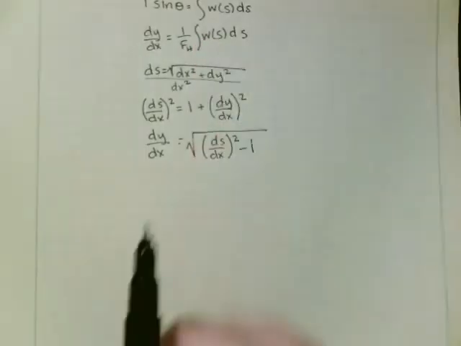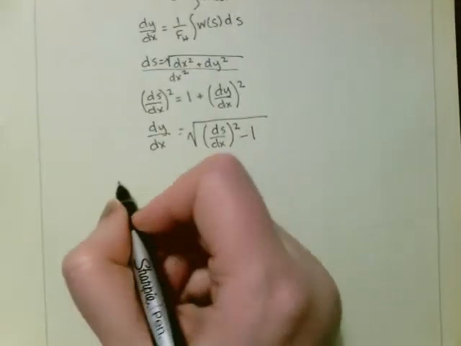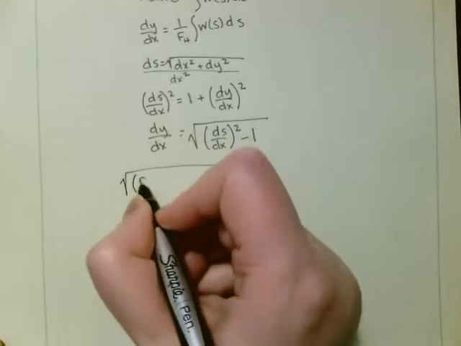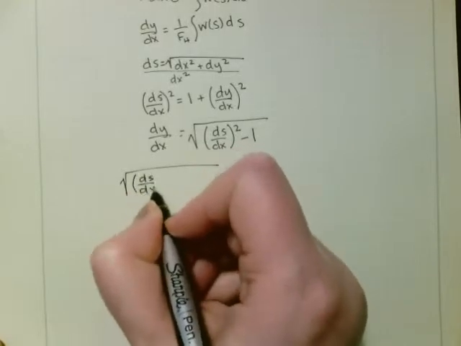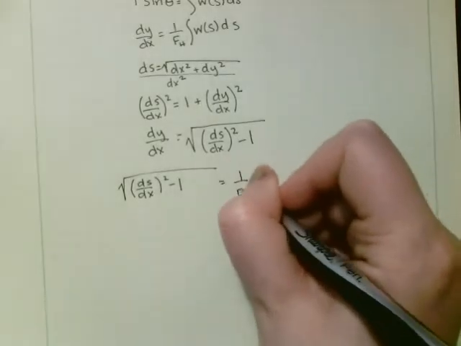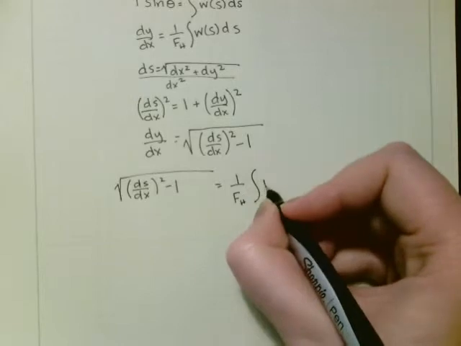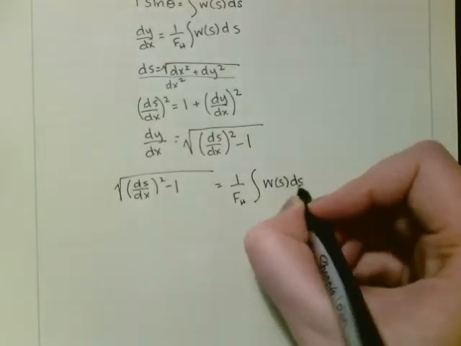We plug that in over here, and we get that the square root of (ds/dx) squared minus 1 is equal to 1 over F_H times the integral of w(s) ds.